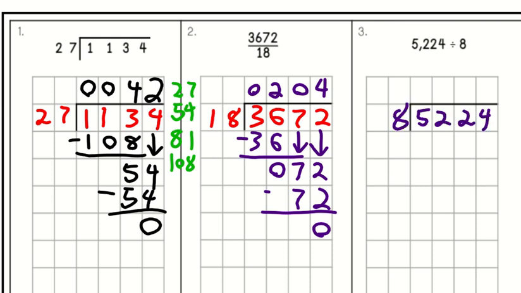So 5,224 divided by 8. 8 doesn't go into 5. 8 goes into 52 6 times. 6 times 8 is 48. Subtract, we bring down the 2. 8 goes into 42 5 times. 8 times 5 is 40.